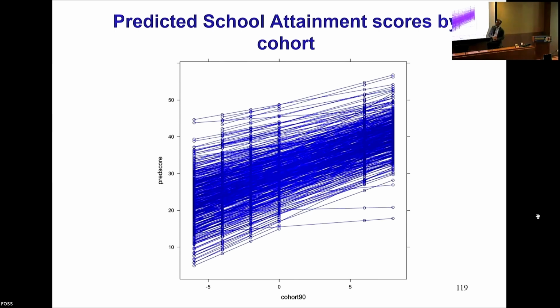Here you can see the correlation between the intercept and slope residuals. What do you think? Do you think it's positive? Do you think it's negative? Are the lines fanning out or fanning in? Are they going more like that or more coming together?